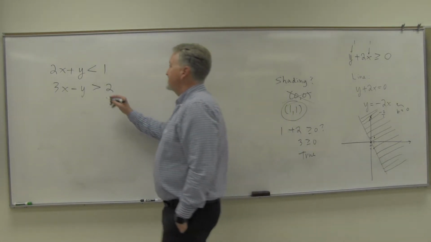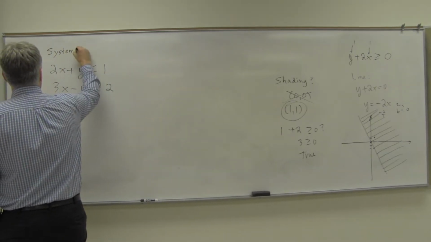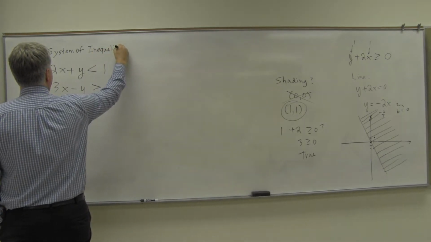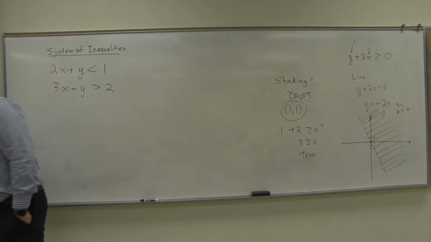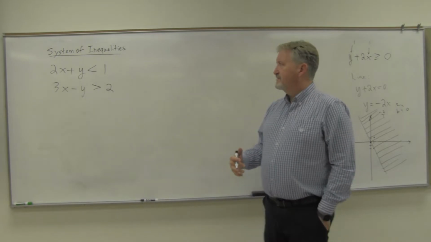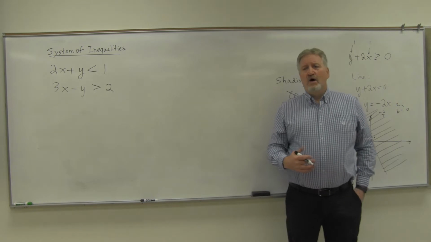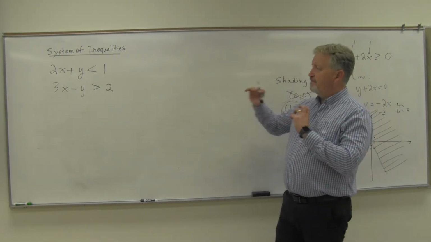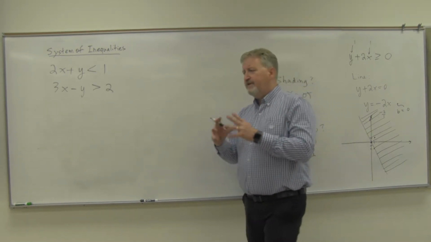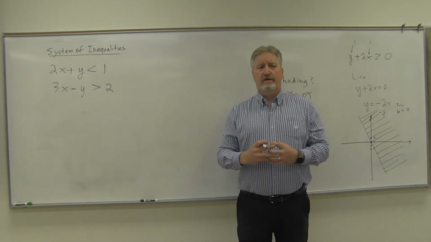All right. Yeah, so this is a system of inequalities. And so today and the next time we're going to talk about systems of just equations, but today it's systems of inequalities. What that means is I've got to look at both of the lines with the shading, and to be a solution to the system, it has to work in both inequalities.